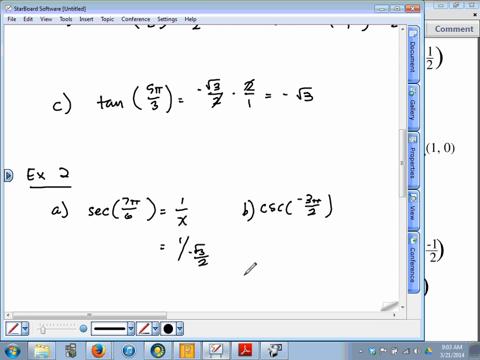It's just a reciprocal. So this is negative 2 divided by the square root of 3. And then you rationalize it. Negative 2 square root of 3 over 3.